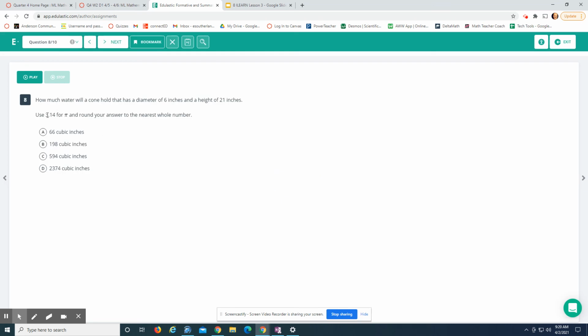Same thing here. It says use 3.14 for pi. It says how much water will a cone hold? The diameter is this, height is this. The cone formula for volume is equal to 1/3 pi times the radius squared times the height. So again, make sure you use 3.14 for pi.